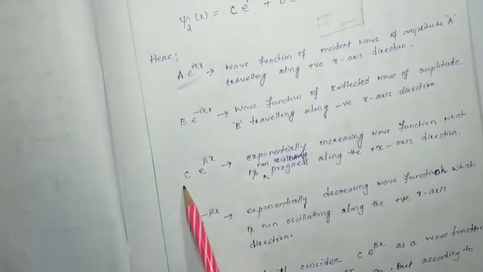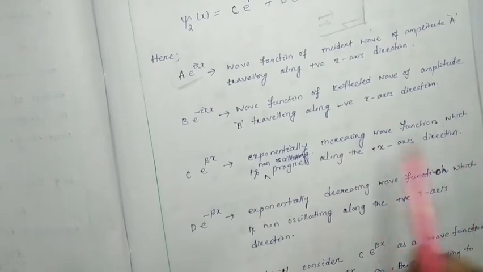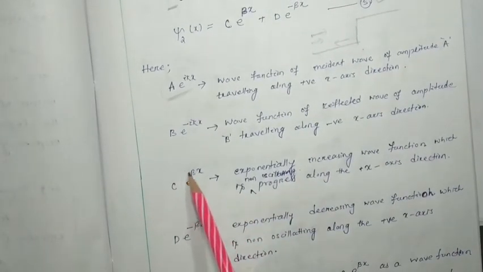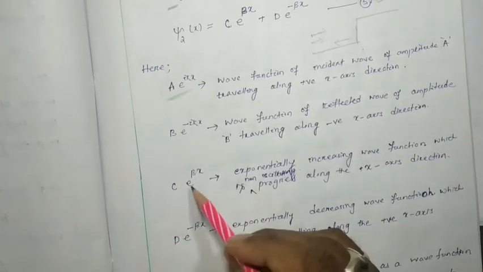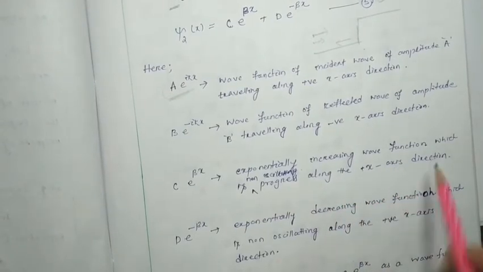Okay, and c e to the beta x is an exponentially increasing wave function which is non-oscillating. See, here there is no imaginary term, so it is not oscillating. It is only an exponentially increasing function along the positive x-axis direction.